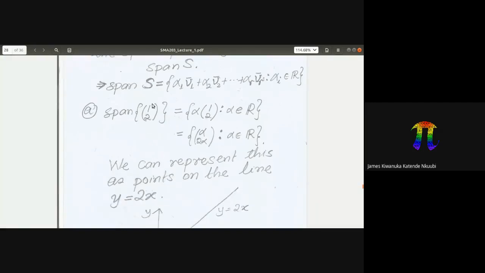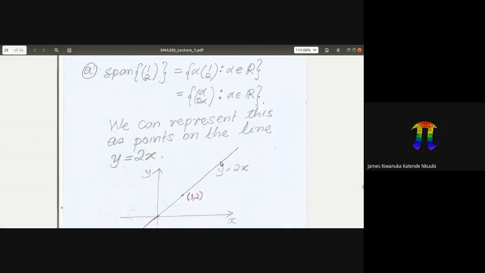We want to find the span of this one vector, (1, 2). So it means we need to find all possible multiples of this one vector. And this will be all vectors of the form (alpha, 2 alpha). So this is basically the set of all vectors on the line y equals 2x, where the second coordinate is equal to twice the first coordinate.